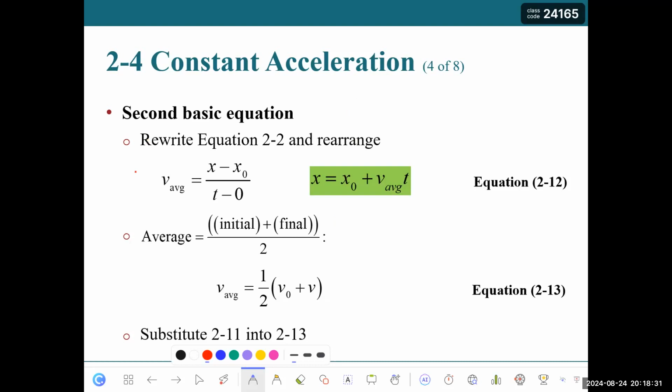The second basic equation is average velocity. Average velocity is change in distance divided by change in time. So you substitute x equals x naught plus v average t, and that is my second equation.